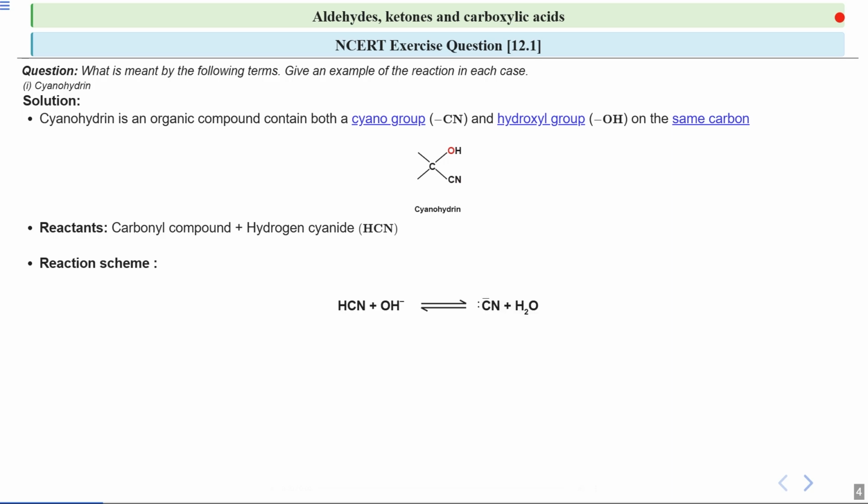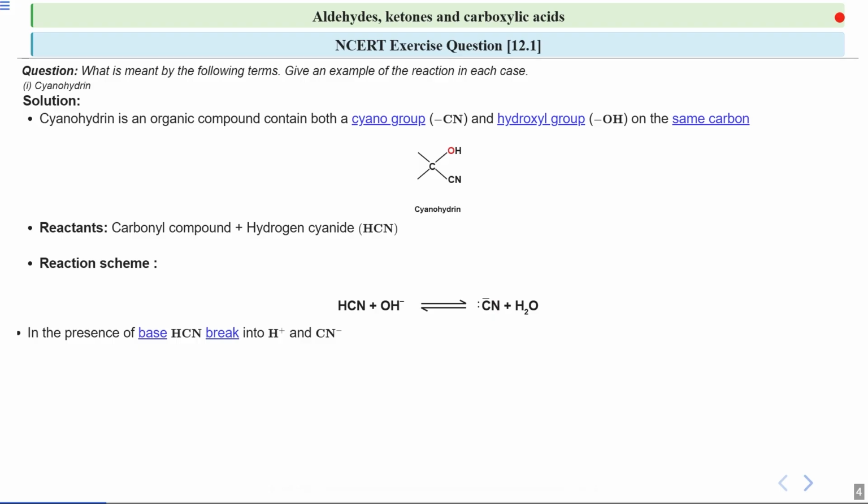So if you see over here at this reaction, here you will see hydrogen cyanide, which is HCN. It reacts with a base and it forms cyanide ions and water. So you see over here that this reaction is a reversible reaction. Now what happens in this reaction?